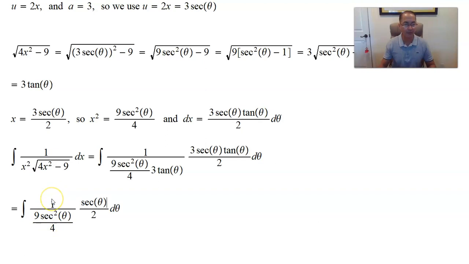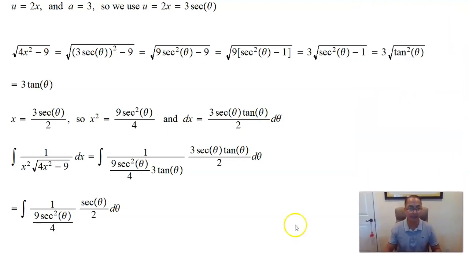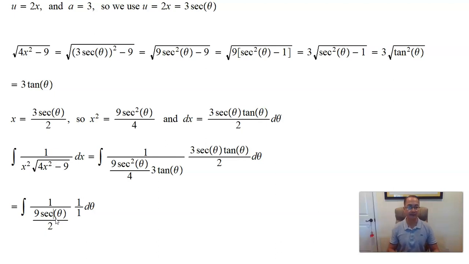You can flip it up first and then cancel with the 2. So we get, this goes away, that becomes 1, and this becomes 2. And the 2 goes up. Secant squared, so that also goes away, and you're left with a single secant.